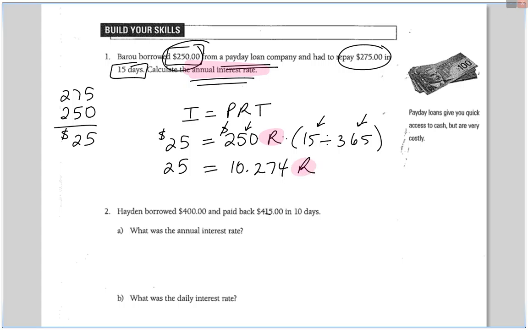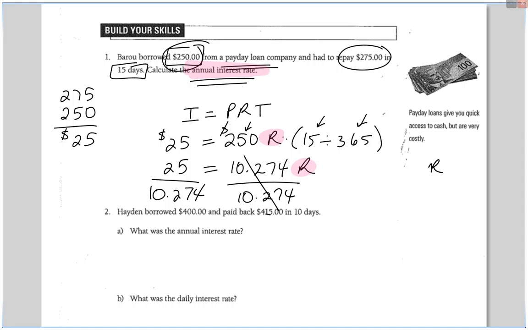So in order to solve a question like this, you divide on both sides. This is going to solve for R as a decimal. So 25 divided by 10.27 is 2.43. And that is the decimal for the percentage.